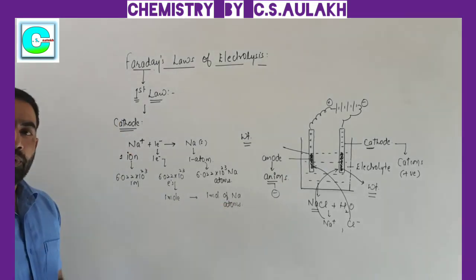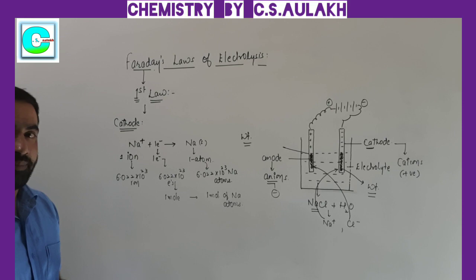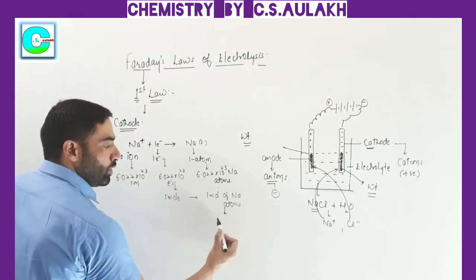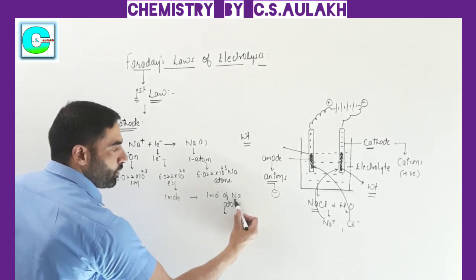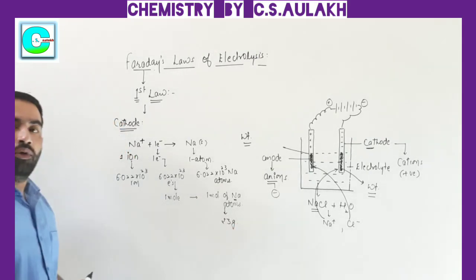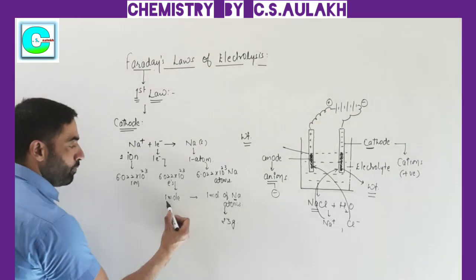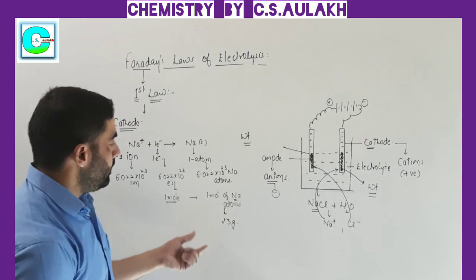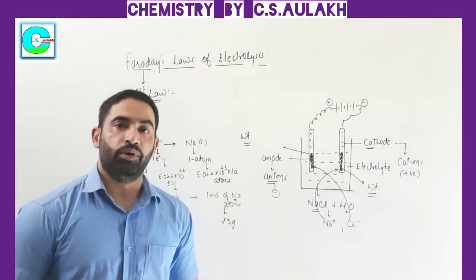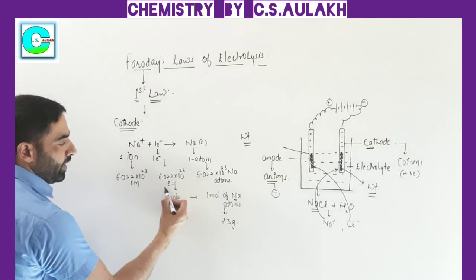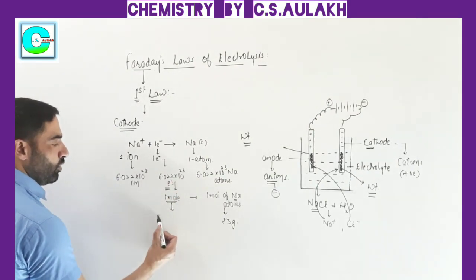Further, we know 1 mole of sodium atoms has mass equal to the gram atomic mass of sodium, which is 23 gram. So here we can say when 1 mole of electrons passes through the circuit, there is a deposition of 23 gram of sodium.